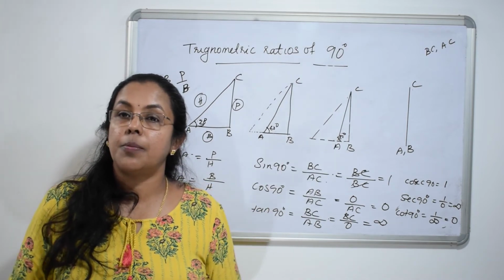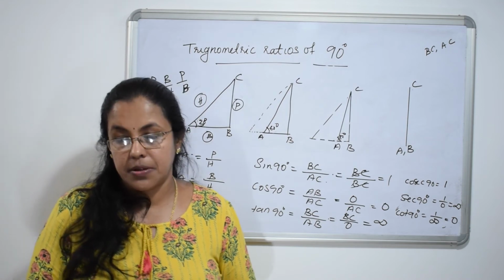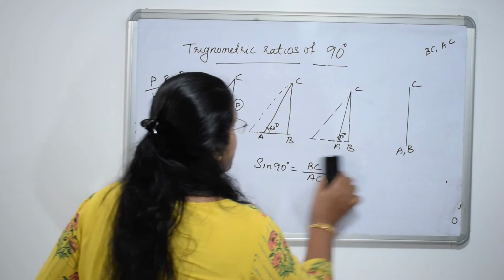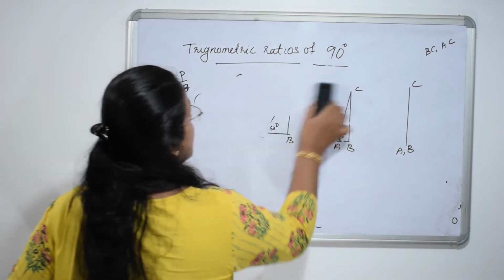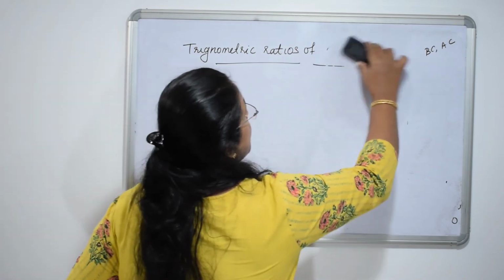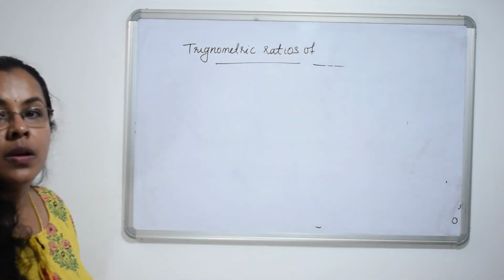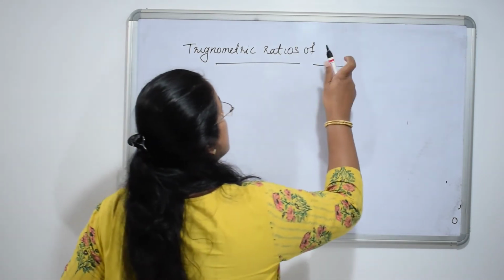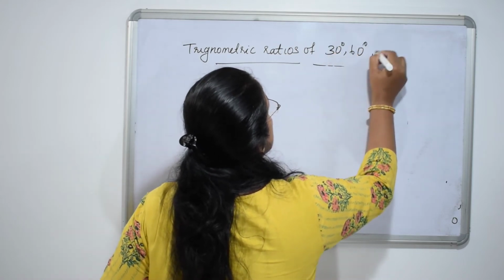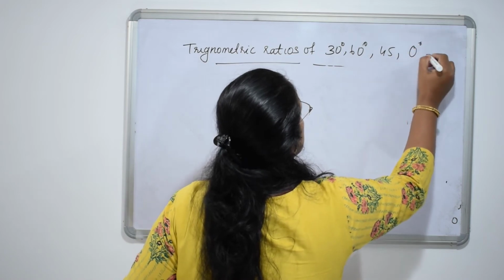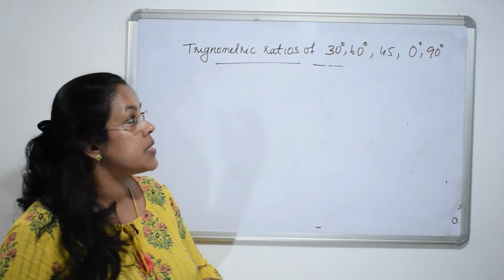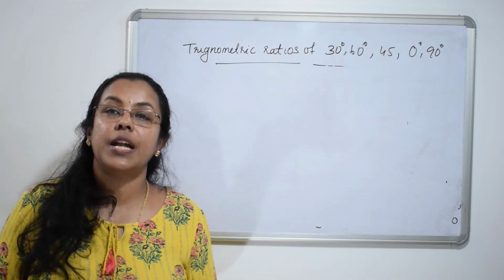We will make a table of it and try to remember this. Trigonometric ratios of 30, 60, 45, 0, 90.